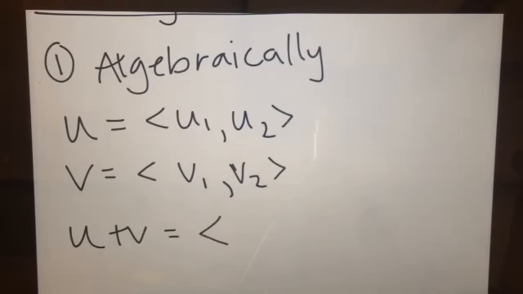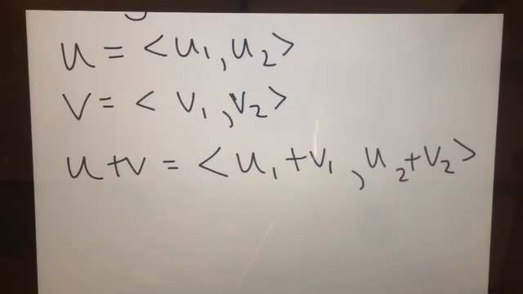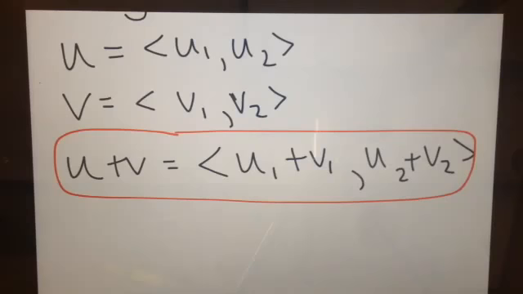Then I would do the horizontal components added together, and then the vertical components. So add the x's together, add the y's together, and that would give you the sum. And this answer, what you get when you add two vectors together, is called the resultant. So that is how you add them algebraically.